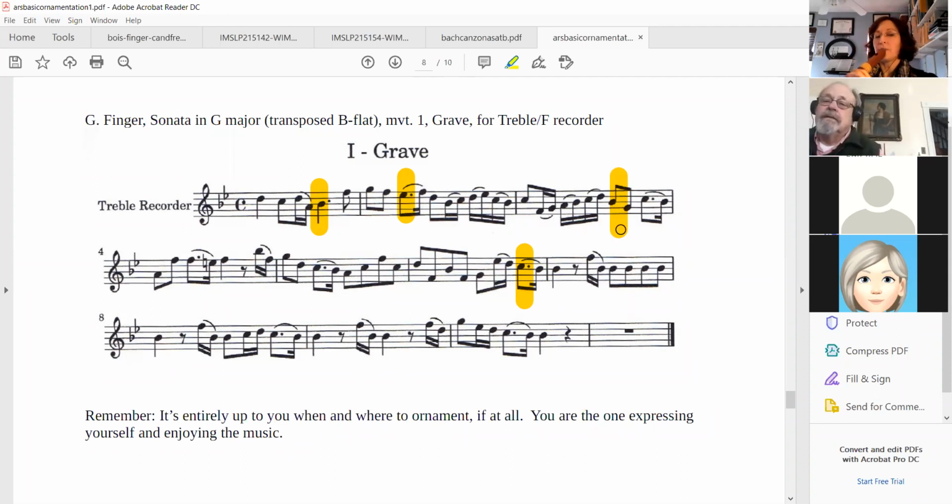So I could try. There, I ornamented one ornament every single measure.